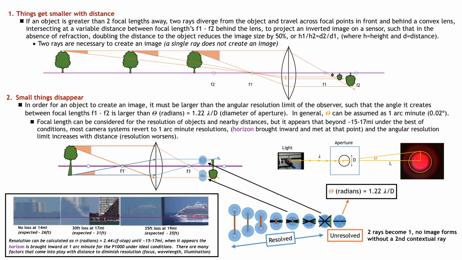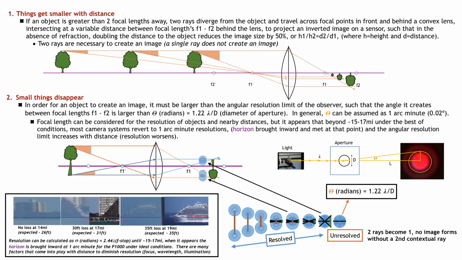But just to summarize the effect, if an object is greater than 2 focal lengths away, 2 rays diverge from the object and travel across focal points in front and behind a convex lens, intersecting at a variable distance between focal points or focal lengths f1 to f2 behind the lens. We've diagrammed that below.